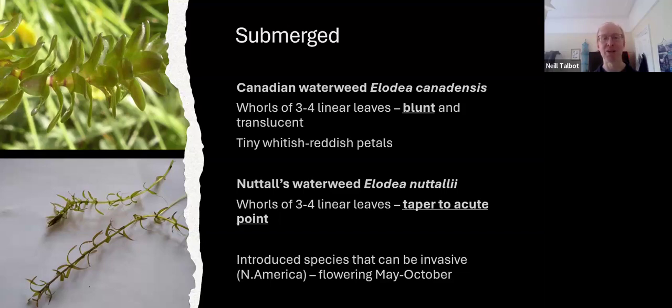So that's quite a good way to tell the difference. They both have tiny whitish reddish petals, which are quite difficult to see, but you can identify it quite well just by the leaves. And I used to see Canadian waterweed more, but now Nuttall's waterweed seems to be becoming more common within a pond.